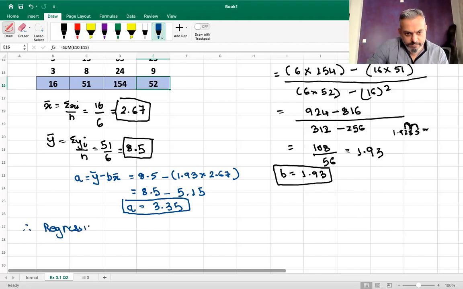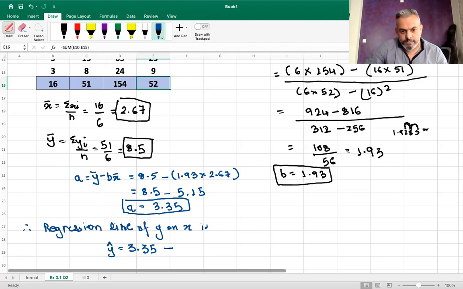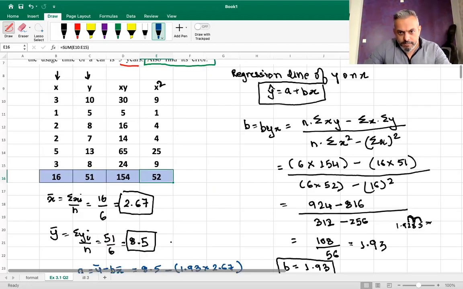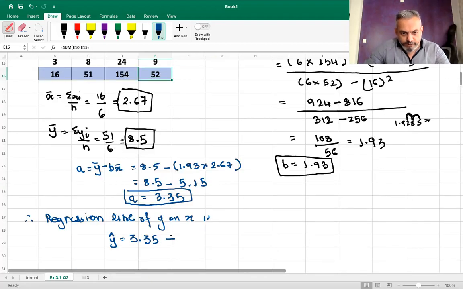So we write therefore regression line of y on x is y cap is equal to 3.35 plus, b is positive, 1.93x.